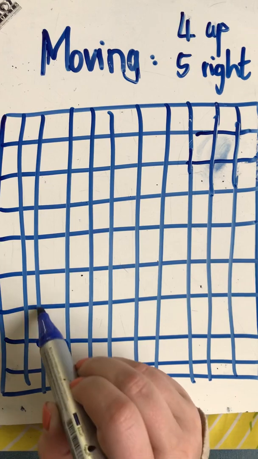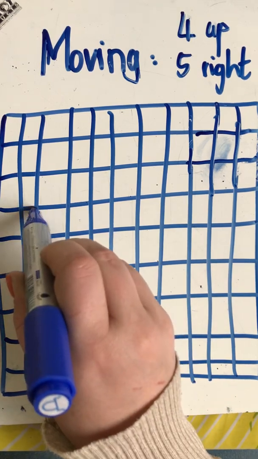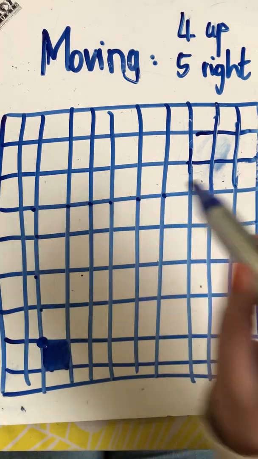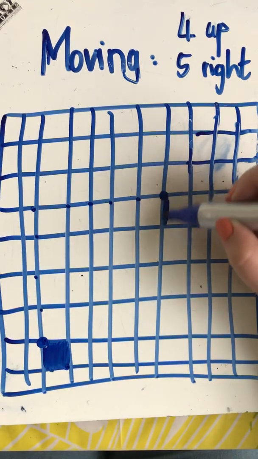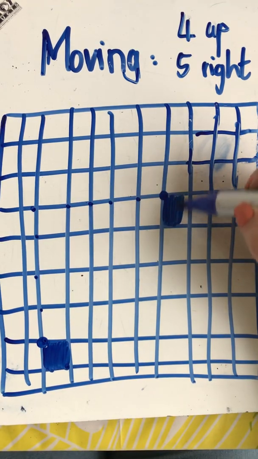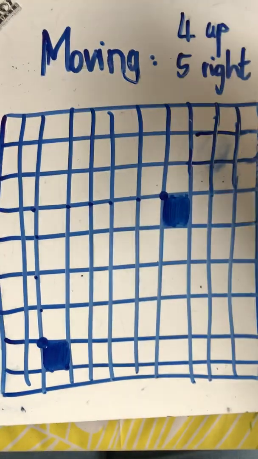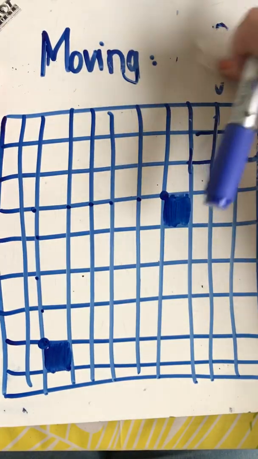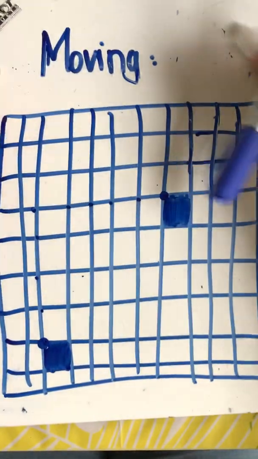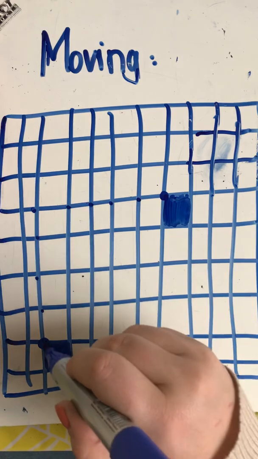So we go 4 up, 1, 2, 3, 4, 5 right, 1, 2, 3, 4, 5. I remember it was the top left corner, and I colored this block, and I have successfully moved it 4 up and 5 right.